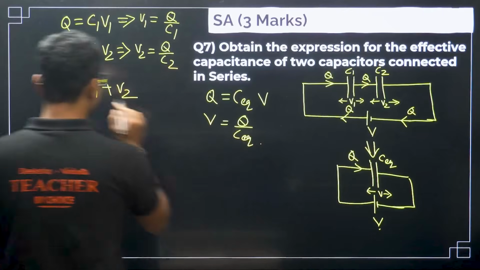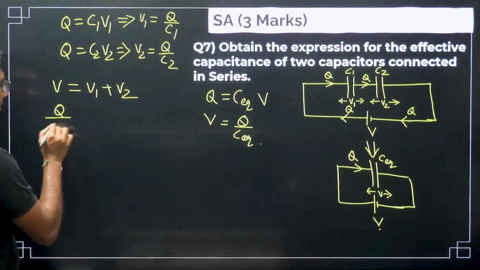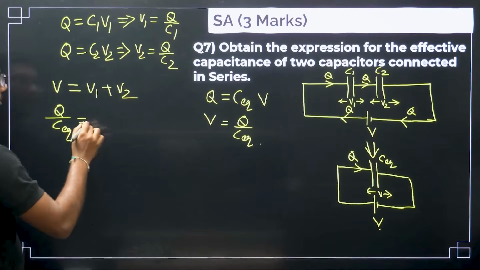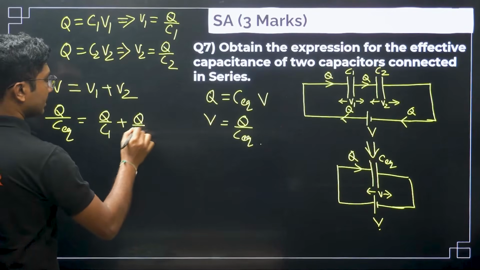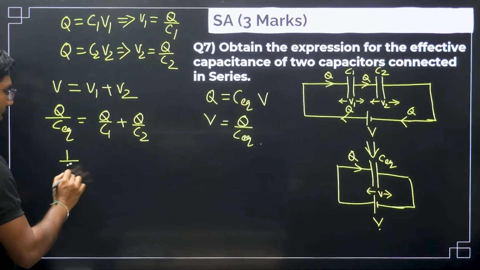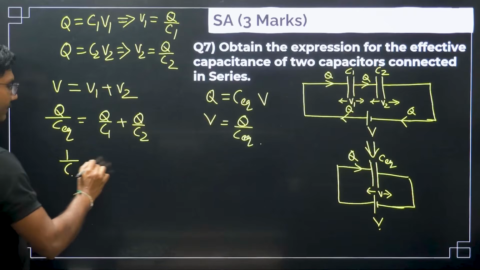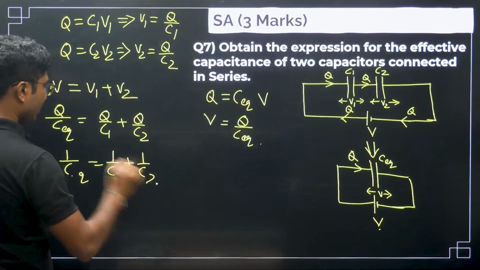Now let's put these values in this equation. Q by C equivalent equals Q by C1 plus Q by C2, or Q can be cancelled: 1 by C equivalent equals 1 upon C1 plus 1 upon C2.